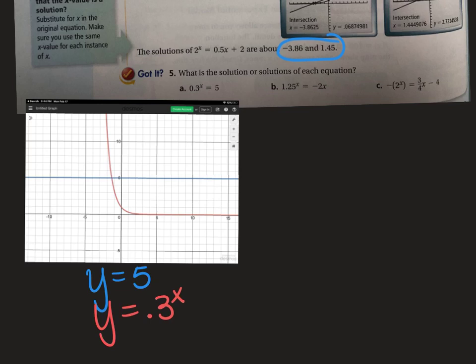Okay? Where they intersect, that is going to be our solution. So here, our solution is going to be negative 1.5 and 5.